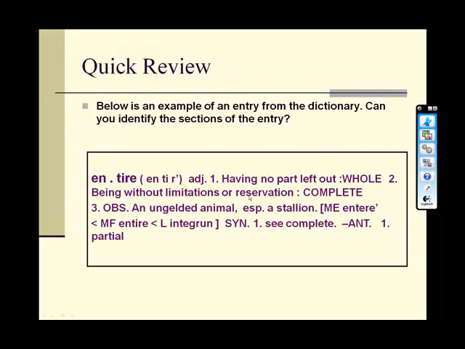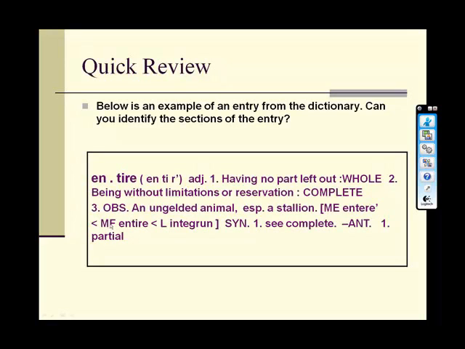Being without limitations or reservation. Complete. Definition number 3. OBS. It means this definition is obsolete. An ungelded animal, especially a stallion. Bracket. This is the etymology. ME, entire.